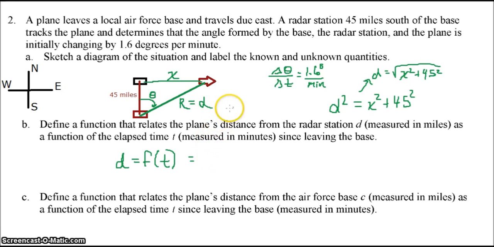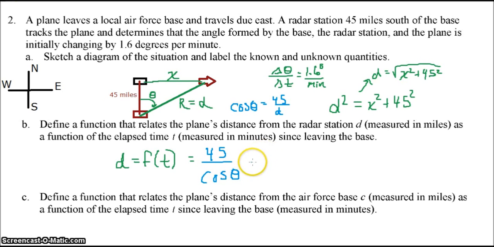Notice that cosine of theta, adjacent over hypotenuse, would be 45 over d. That would mean that D would equal 45 divided by cosine of theta.